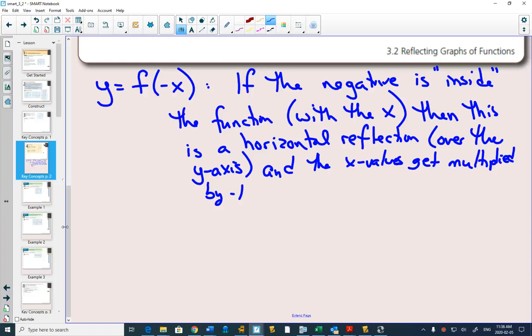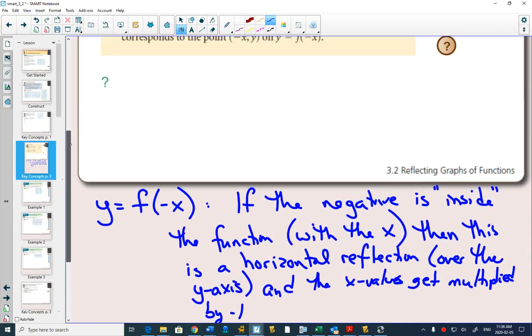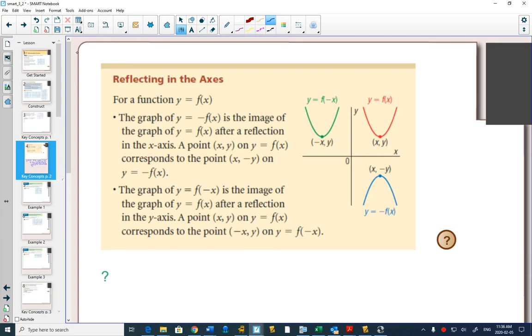And when I say the x values get multiplied by -1, I'm going to show that. I'll bring it back down again, but let's pick a random point on our original graph. Let's say this point here was (5, 7).